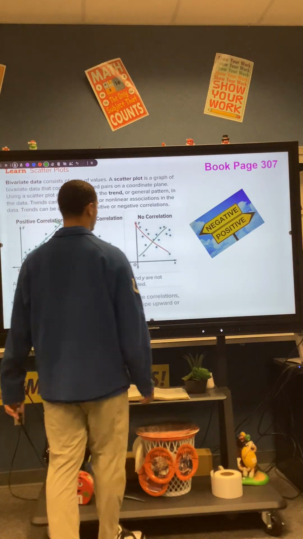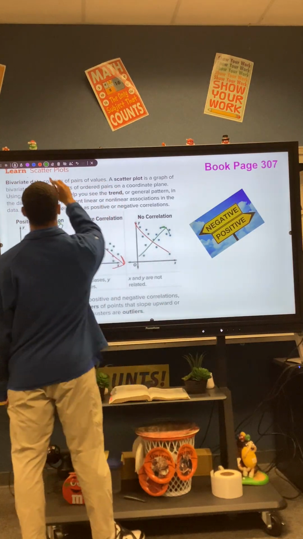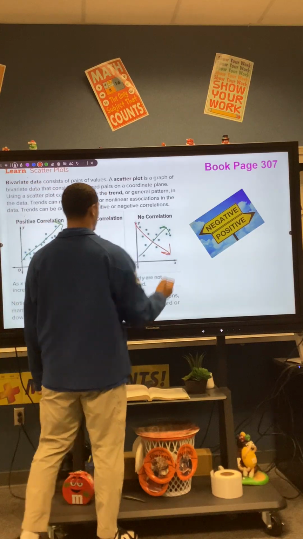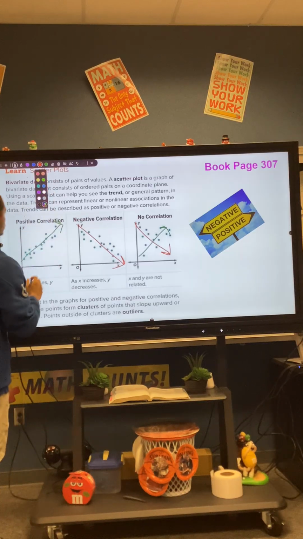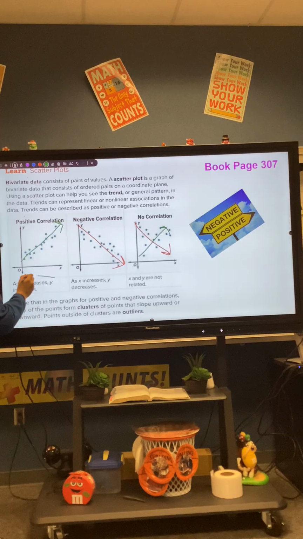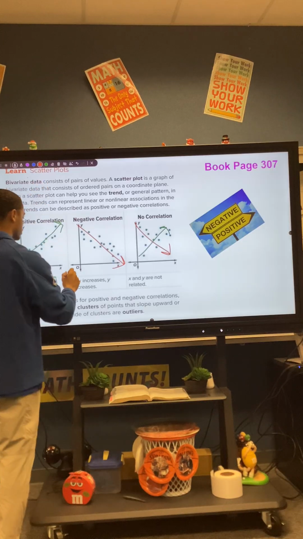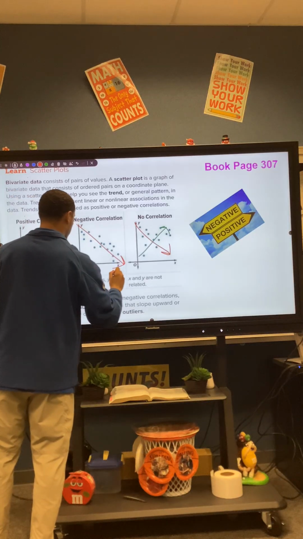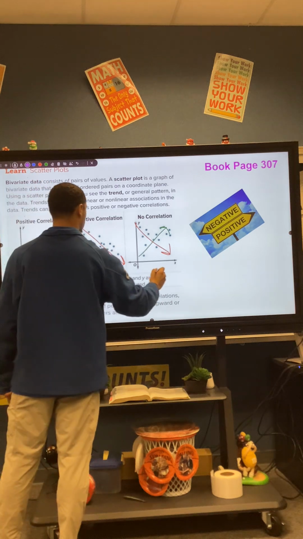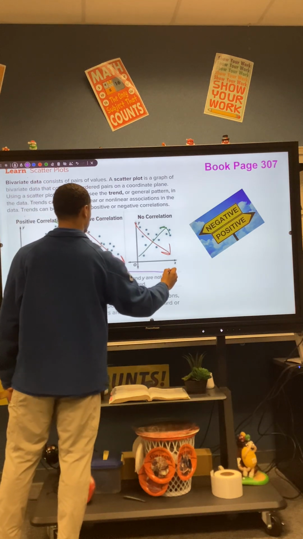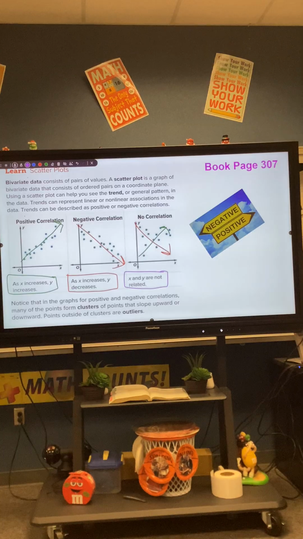All right, so if you have a positive correlation, in the right-hand side of your book somewhere, write: as X increases, Y increases. Make sure we use the words increase and decrease, not going up, going down, because that depends on who you're talking to. It's very important that we use the mathematical words. As this happens, something else happens.